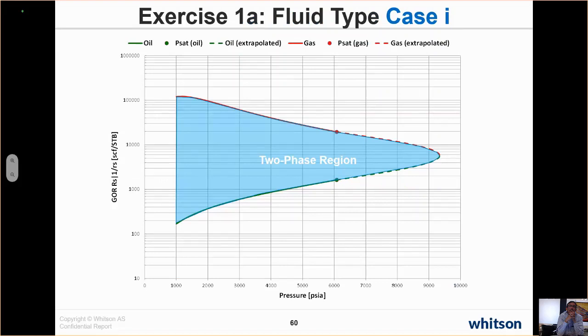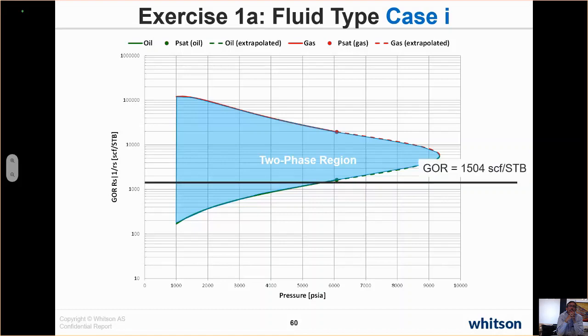Everybody should have this table in front of you, I hope. And we agreed that the first case is a GOR of 1500. So that's the first information we need to plot into this plot. That's the information that our simulator grid cell has been given, together with the pressure of 8,500 psi.